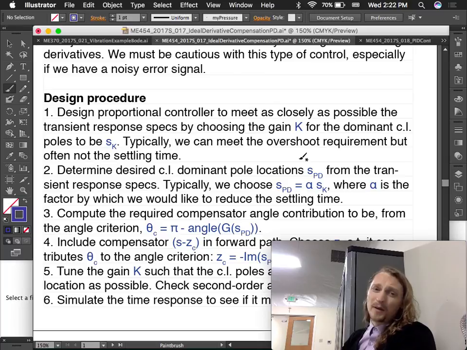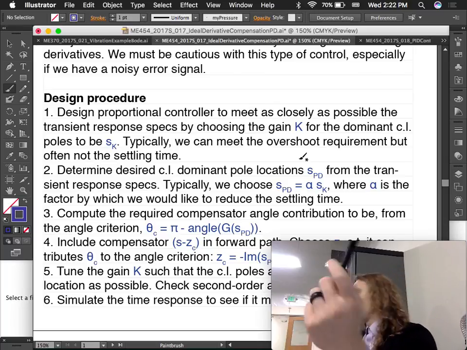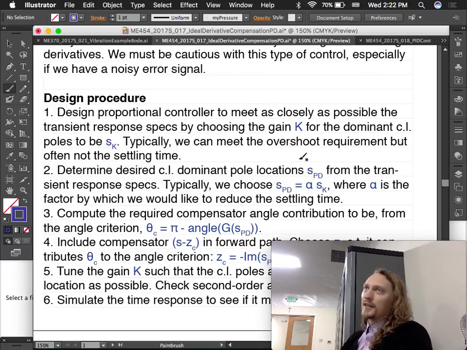Sometimes it's the other way around. You can get the settling time, but you can't get the overshoot. So it just depends. So step 2, determine the closed loop dominant pole locations, SPD, from the transient response specs. So these are the desired closed loop dominant poles.